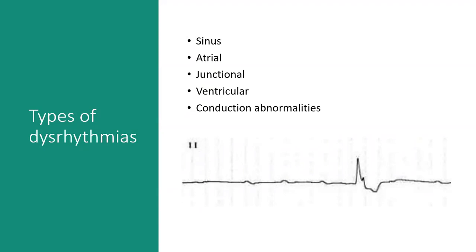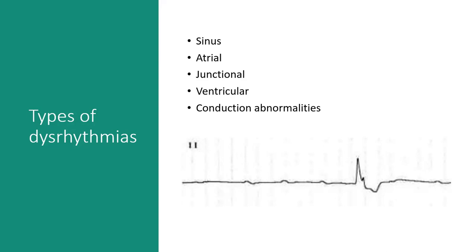Then you've got your junctional dysrhythmias, which originate with the AV nodal tissues. So these are things like premature junctional complexes, junctional rhythms, paroxysmal junctional tachycardia. So your junctional dysrhythmias will usually have junctional within the name. Then we've got our ventricular dysrhythmias, which originate from the focal within the ventricles.